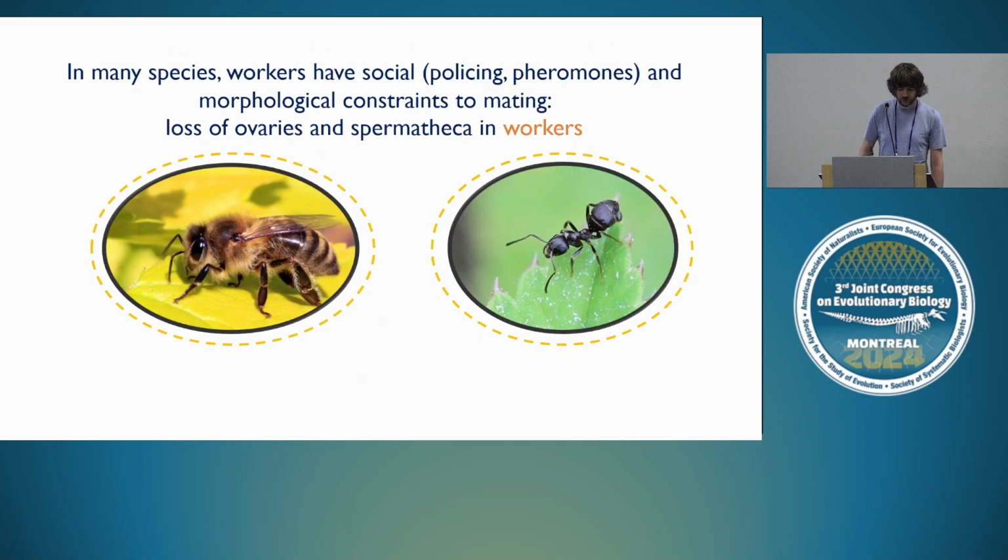In many species, we see certain social but also morphological constraints placed on workers to inhibit them from mating. Socially, we have policing and pheromonal control within social insect colonies. At the morphological level, we have the loss of ovaries and also the loss of the spermatheca, which represents the primary sperm storing organ found in insects.